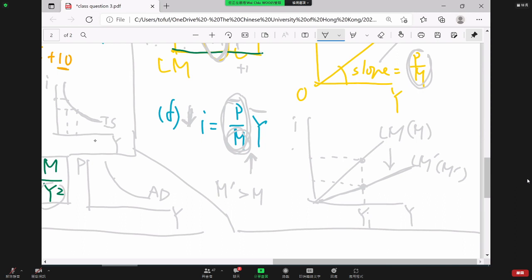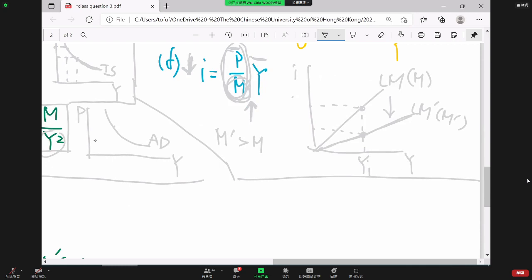A parallel shift is when the slope is the same. But a non-parallel shift is when the slope is not the same, and here it is exactly not the same. So that result basically comes from the equation.